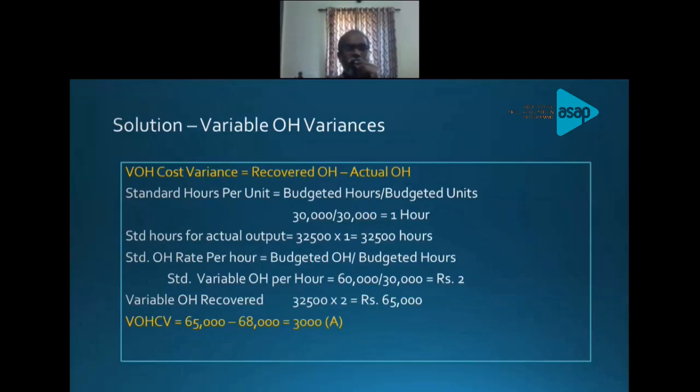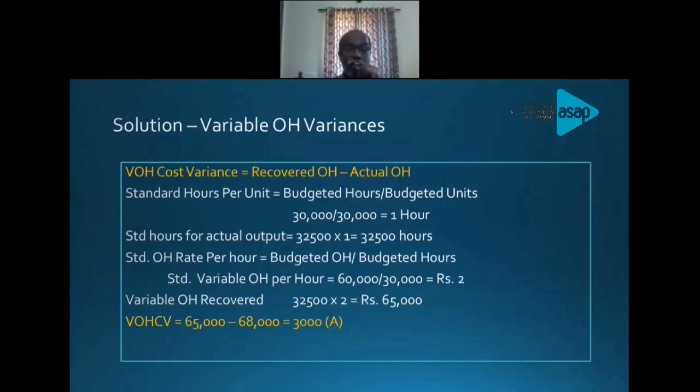Budgeted hours is 30,000 and budgeted units is also 30,000, readily given in the question. So it is 1 hour. That means for producing 1 unit, we need 1 hour. So 1 hour is the standard time for producing 1 unit.